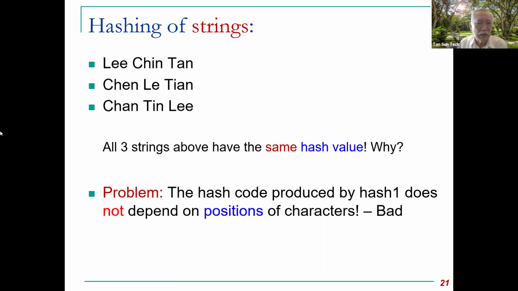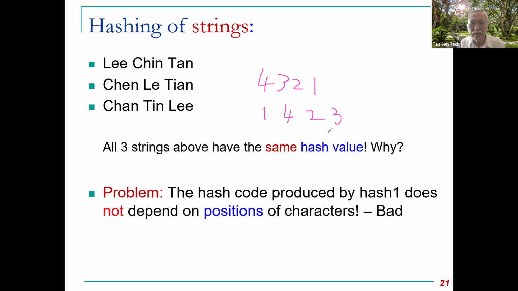A simple analogy, for example: what is 4, 3, 2, 1, and 1, 4, 2, 3? We see that these two numbers have the same digits, arranged in different order, but the values produced are different, because this is 4,321 and this one is 1,423.